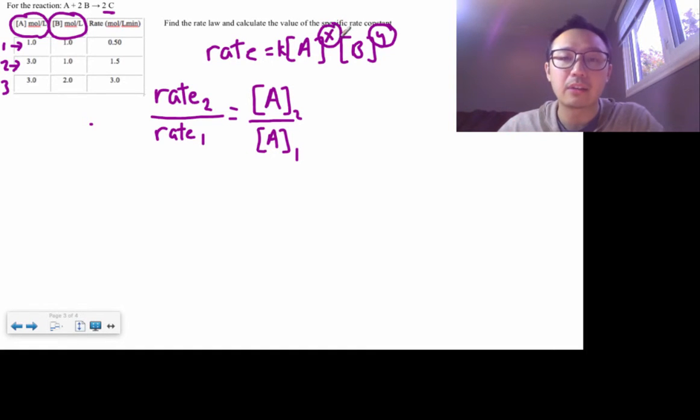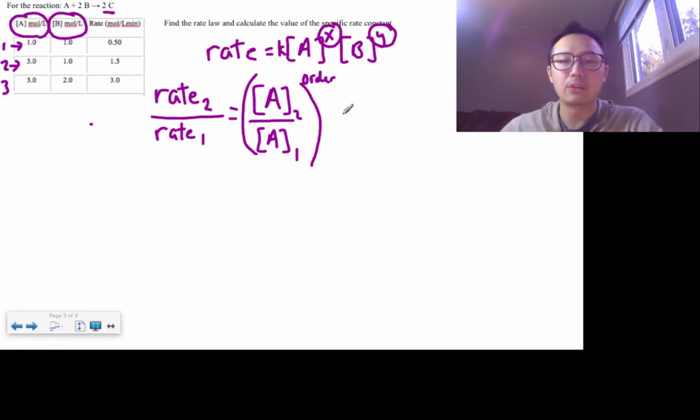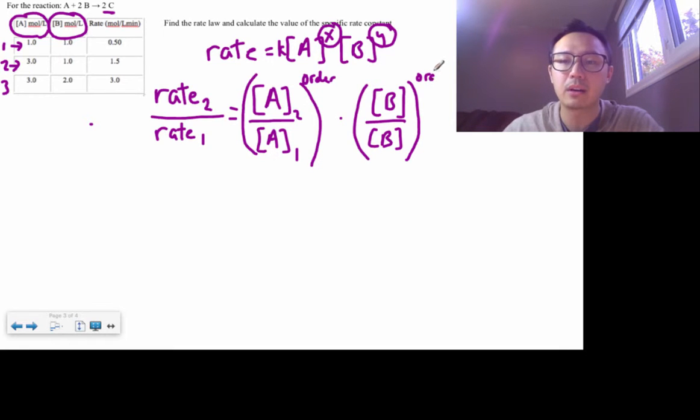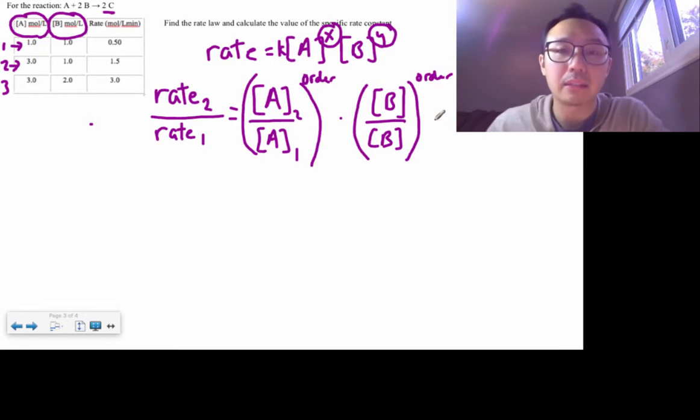And remember, they both have an exponent of X because that's my order. You can also incorporate the concentration of B in here, and I'll show you the reason why we want to keep one constant: if we keep one constant, it just cancels out.